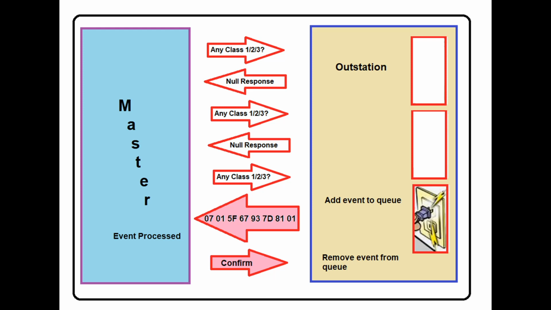If none exist, it sends a null response. A null response contains an application header and internal indications, but no object header or data. When the master gets a message with events, it processes the events and sends an application confirm to the outstation. Upon reception of the confirmation message, the outstation removes events reported from its buffer.